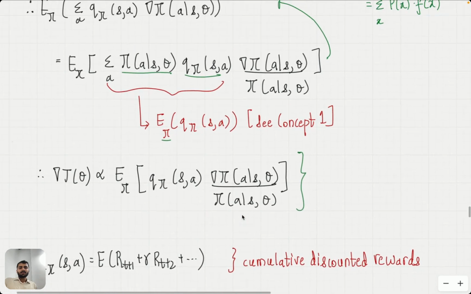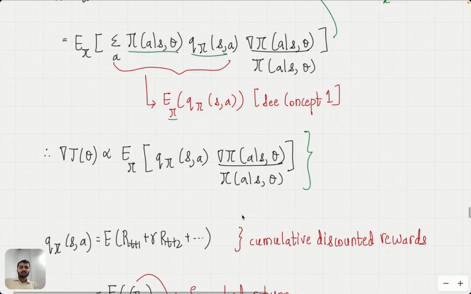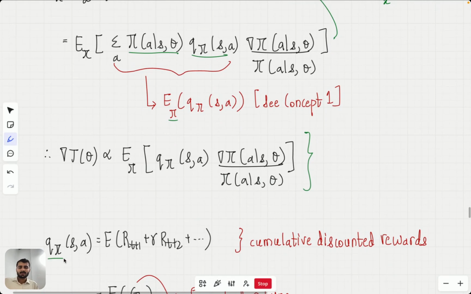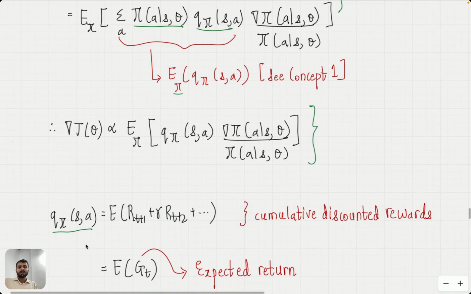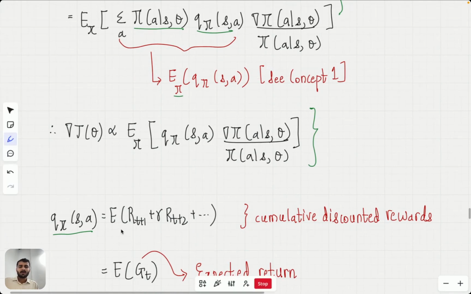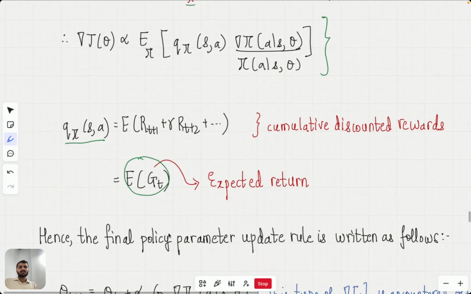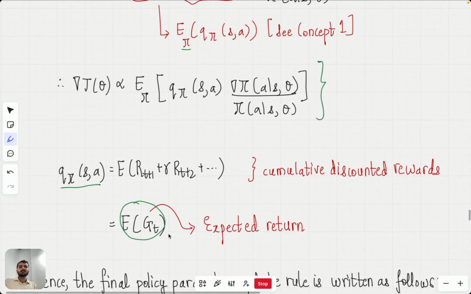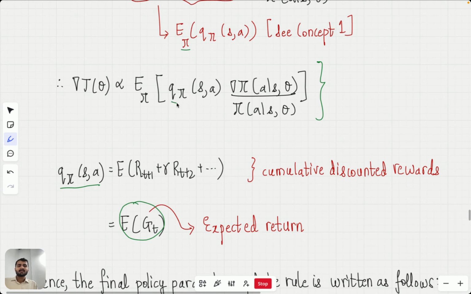And we can do one more step after this. Remember that q pi of s comma a is the summation of all the rewards which the agent gets after selecting an action a for a state. So this is nothing but expected value of the expected return, which is denoted by g of t. So essentially, you can replace this q pi of s comma a by the expected return itself, which is g of t.